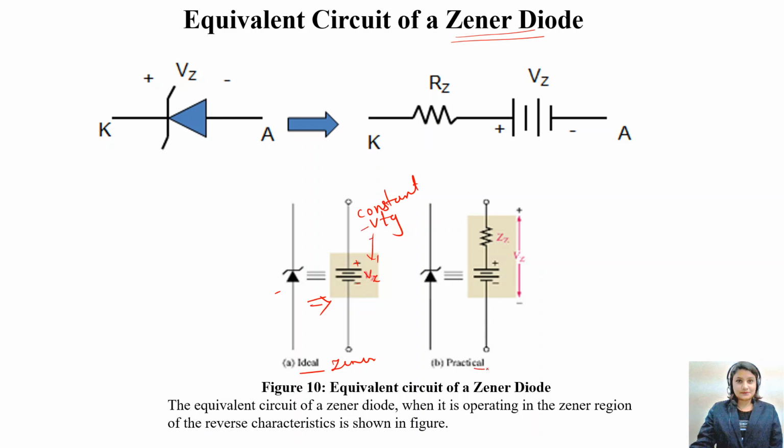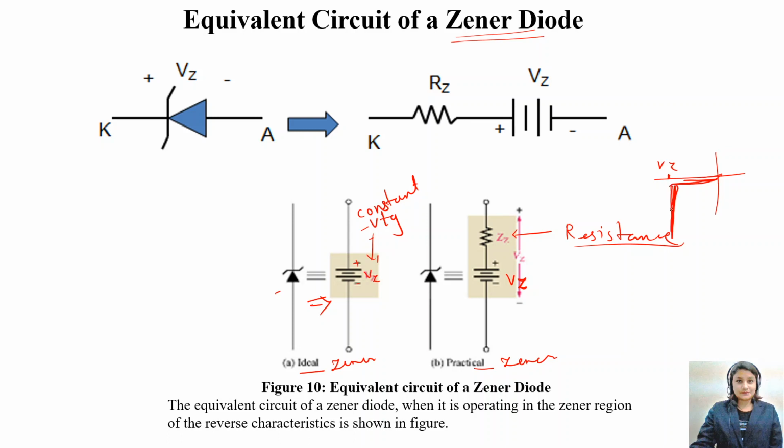If I talk about the practical Zener diode, along with this VZ, it gives some resistance. It gives some resistance because initially the current was constant, and at a voltage VZ there is a sharp rise in this current.